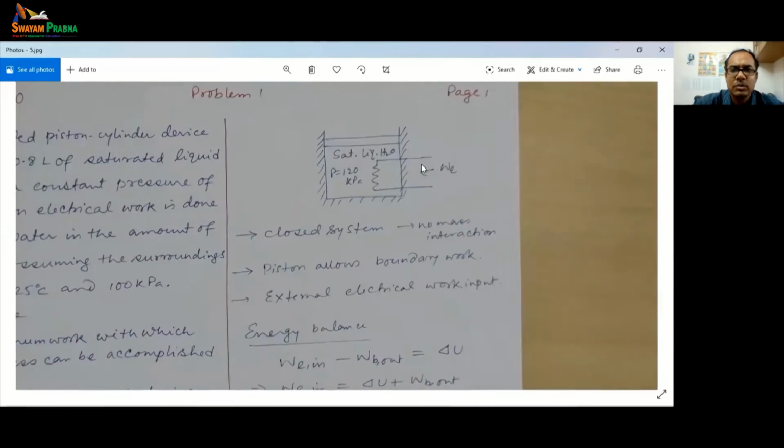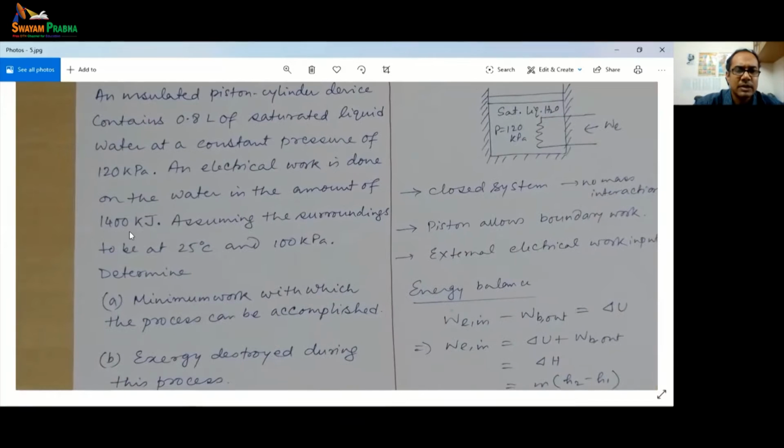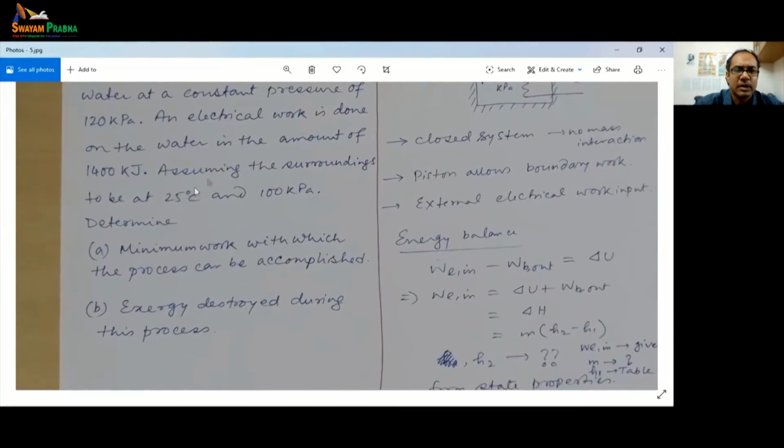On the right hand side you can see the schematic diagram: a piston cylinder arrangement where everything is insulated, but you are putting in one electrical work input through a coil, and the amount of that is 1400 kilojoule.